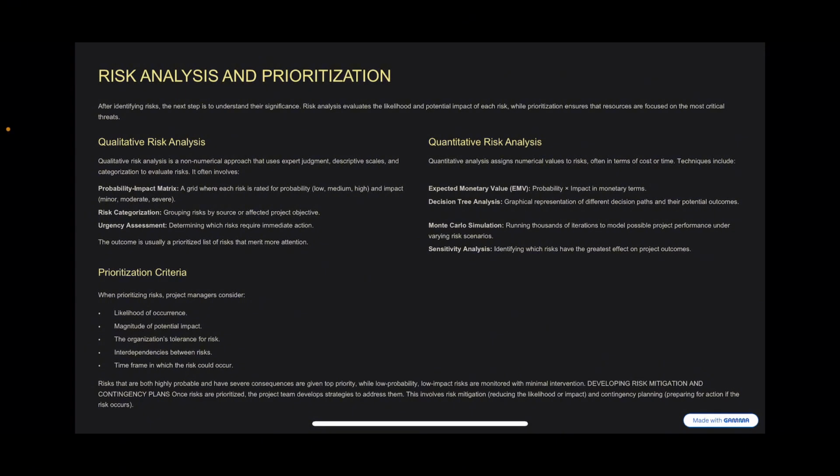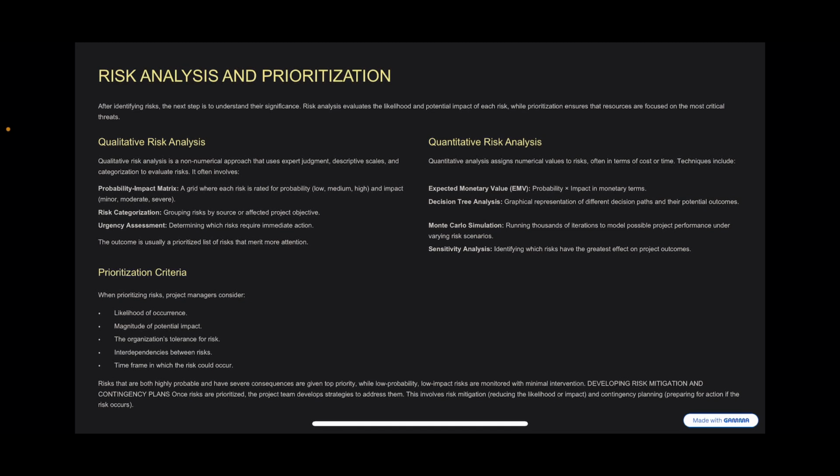Now, the prioritization criteria for risks. When prioritizing risks, project managers consider one, the likelihood of occurrence of that risk, two, the magnitude of potential impact, three, the organization's tolerance for risk, four, the interdependencies between risks, five, the time frame in which the risk could occur, among others.